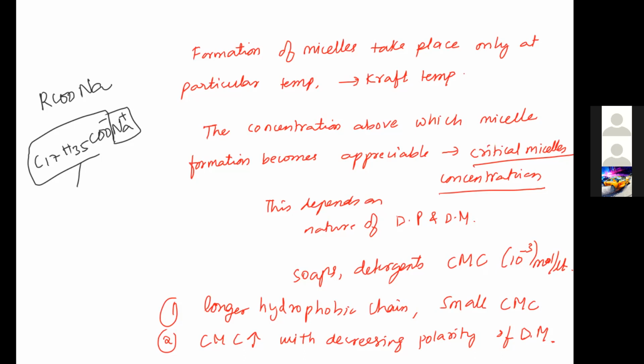For example, a micelle is formed, with COO minus Na plus, COO minus Na plus, all arranged in this way only. It's an aggregate of all these ions.